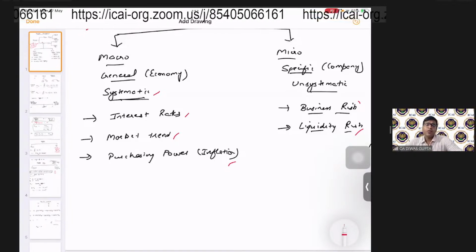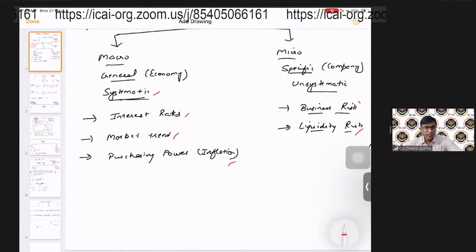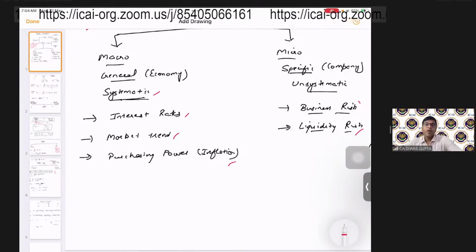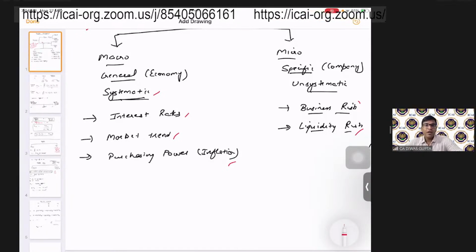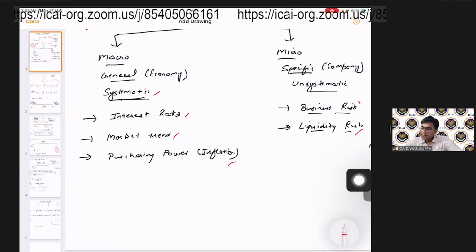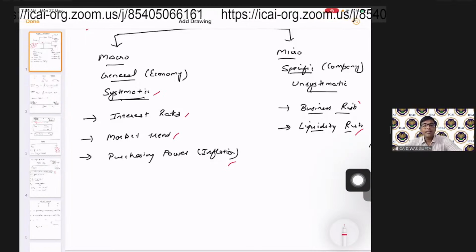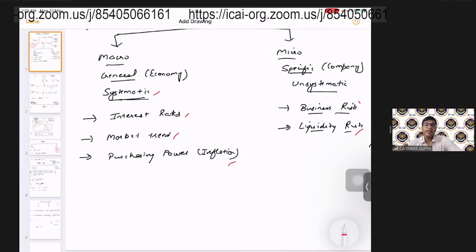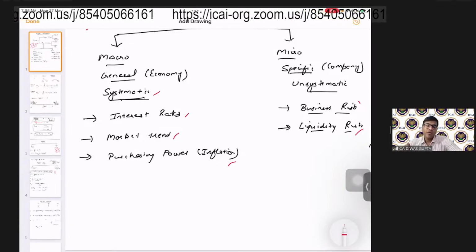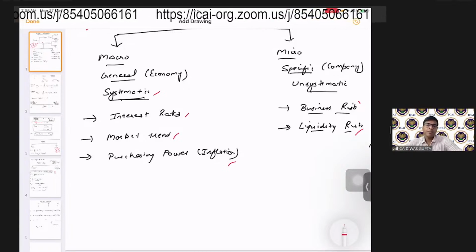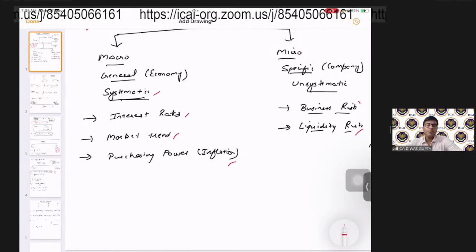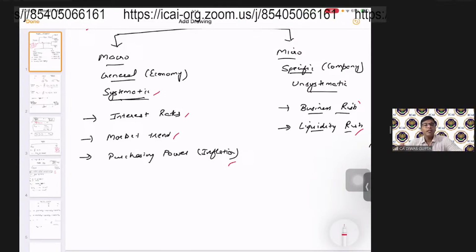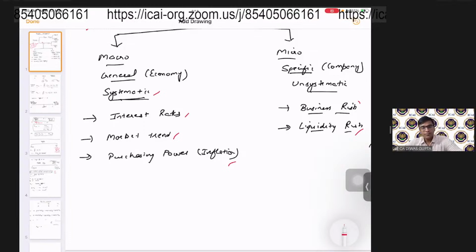Let's say the growth will not be there in the business, which is specific to that company, or let's say the profitability margins are not improving. Similarly, liquidity risk, students. Liquidity risk is where the company is not able to service its debt obligations. For example, whenever interest payment comes, or principal repayment comes, that is where the liquidity risk comes into play.